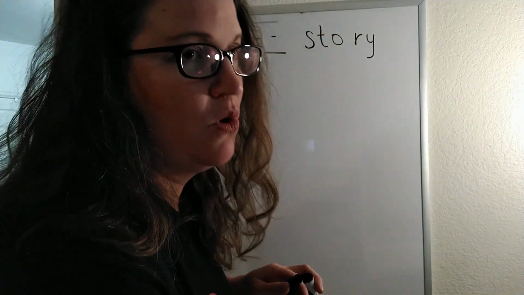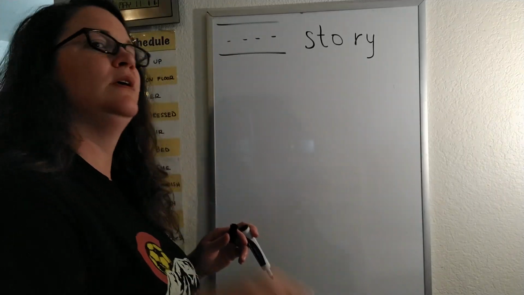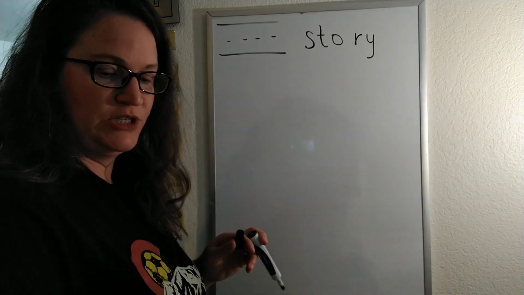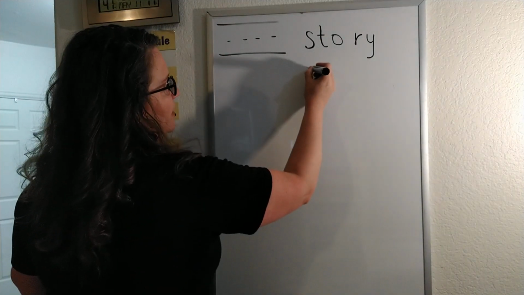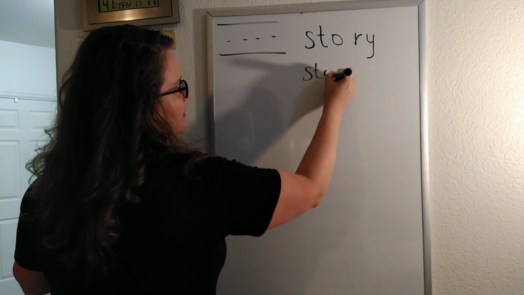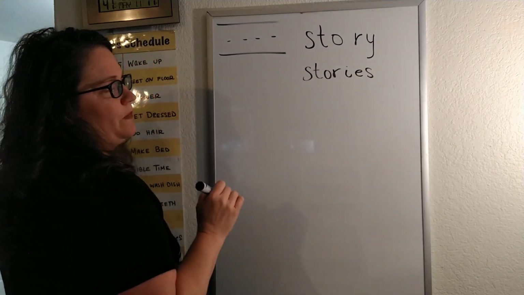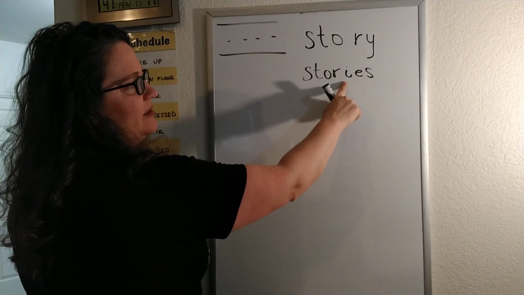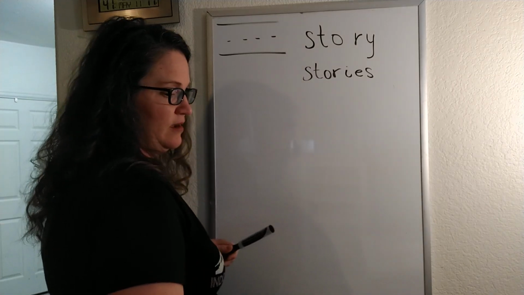We're doing store-i because this one stands in for I because English words don't end in I, right? And if I was going to make this into more than one, you drop the I and add ES, right? So this Y is a stand-in for I since English words don't end in I.